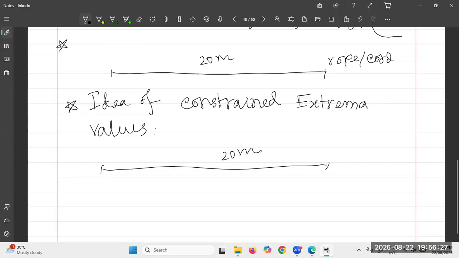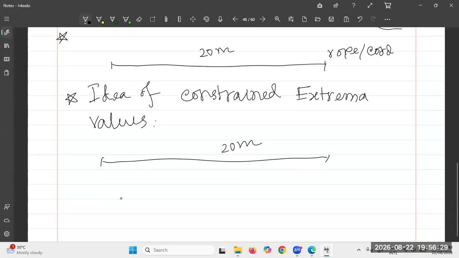Now the question is how many rectangular areas we can form using this rope as the perimeter of a rectangle.